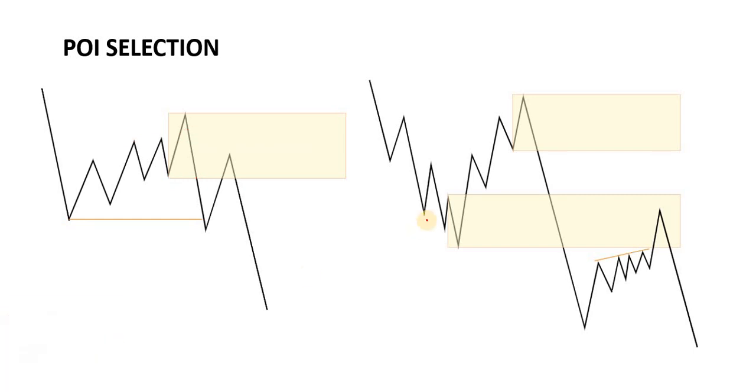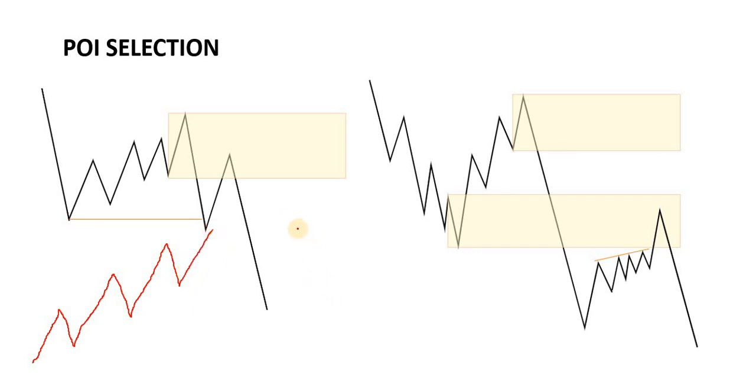So, talking about that, I usually have 2 major points of interest. Now recall that in an uptrend, price is making higher highs, higher lows, higher highs, higher lows, and higher highs.